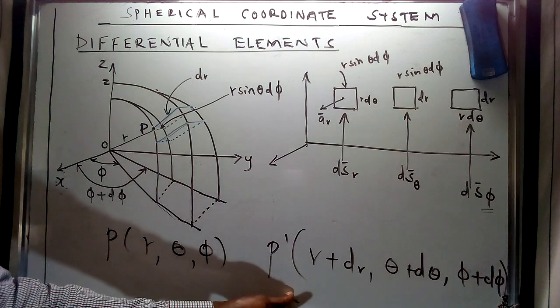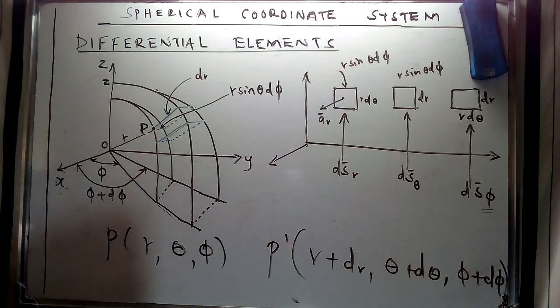So this is going to be a new point that we're going to have on these specific surfaces, or rather a specific volume, which is going to be an intersection between these three surfaces.